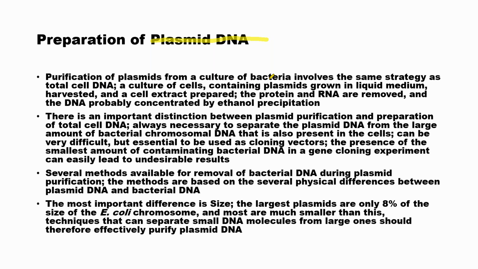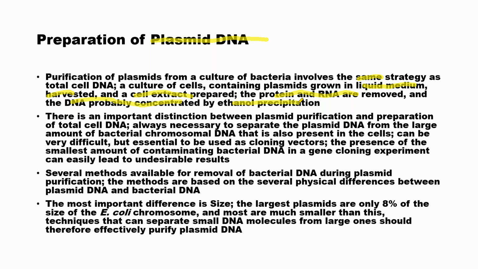Now, purification of plasmids from the culture of bacteria involves the same strategy. That means the procedure is almost the same. A culture of cells containing plasmids is grown in liquid medium. Similarly, first of all, we have to get a bacterial culture grown in a proper medium. It has to be harvested. Then a cell extract has to be prepared by breaking the cell wall and the plasma membrane. Then the protein and RNA are removed, and the DNA is concentrated by ethanol precipitation.